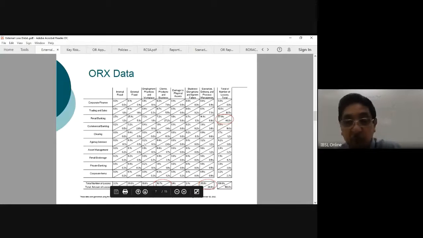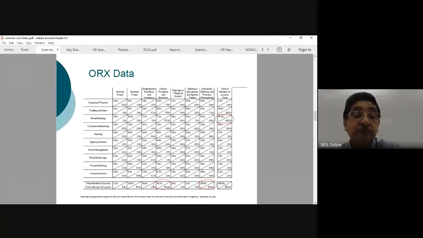Through a consortium database, this database was arranged. And as per that database, you will find zero in corporate finance internal fraud. So that means in the corporate finance business line, no internal frauds happened during a particular time.